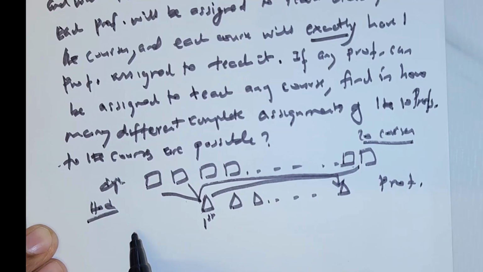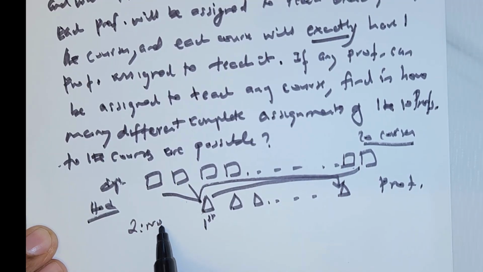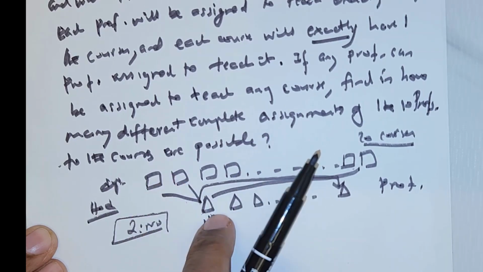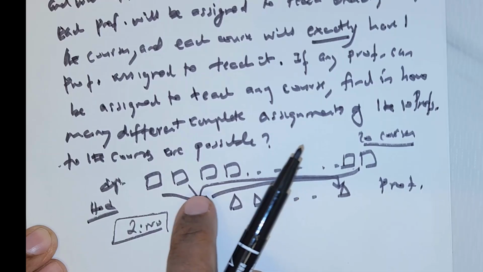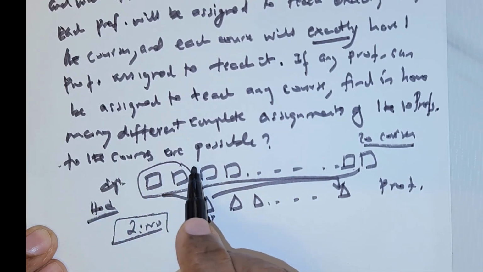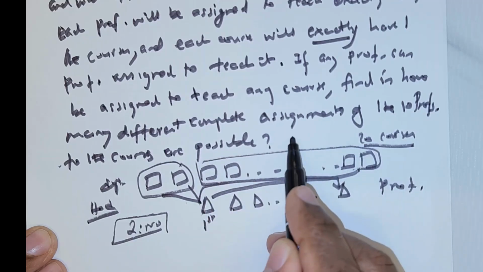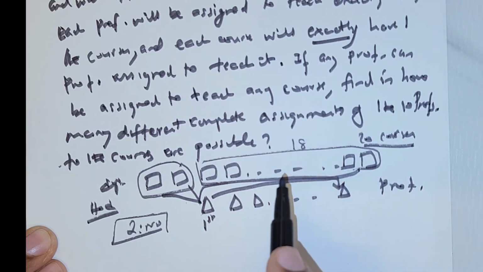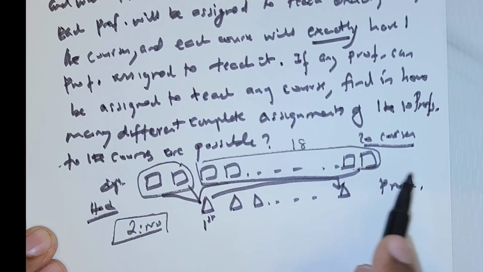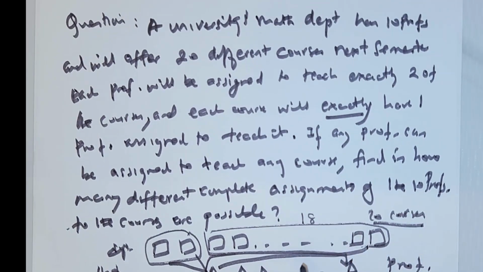Now the courses being assigned are exactly 2 in number, nothing more, nothing less. Once these 2 courses are assigned to the first prof, the courses are removed from the queue, so we are only left with 18. As we assign these courses, the subjects get removed from the queue. That is a catch point.